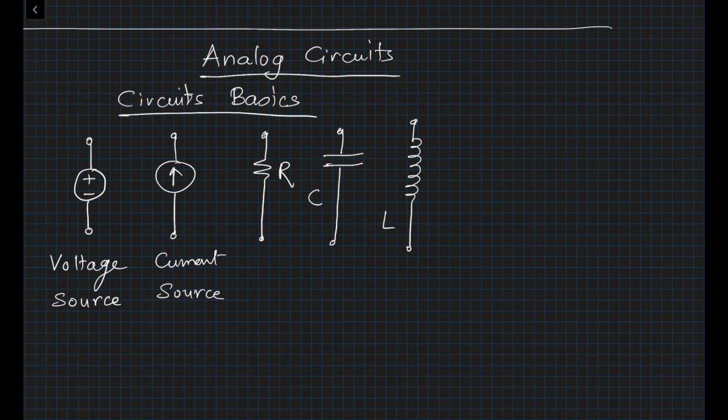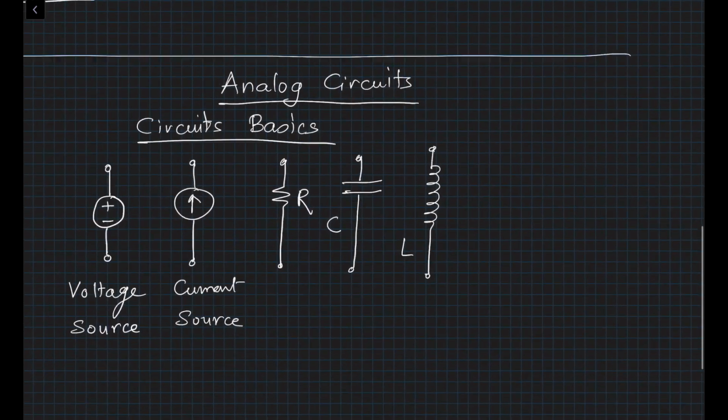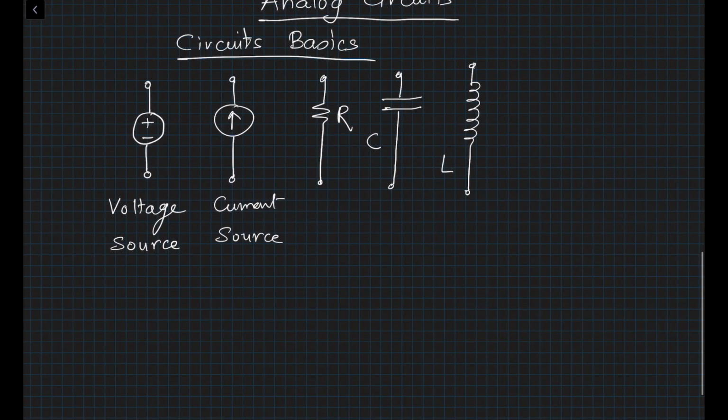inductor L. There is also one element you will see, called a dependent source, and it's generally shown in the following way. So there is a controlling parameter, and this is the final output.